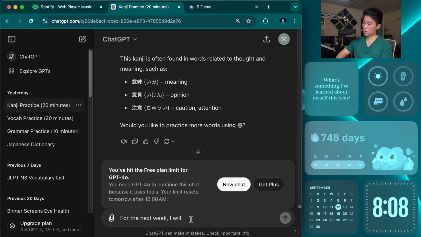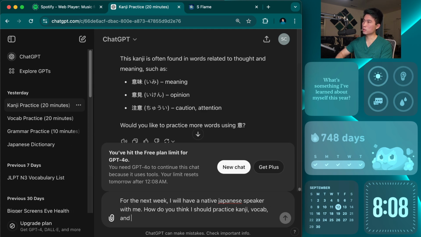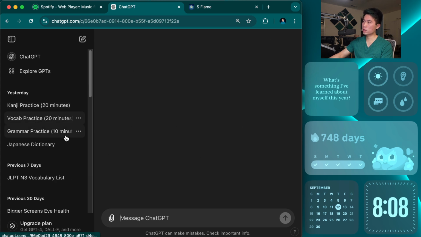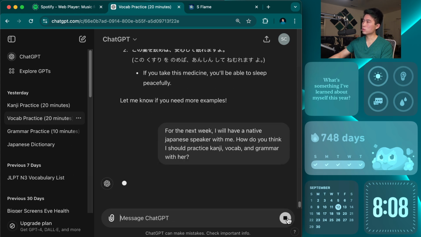Let's just say I will have a native Japanese speaker with me. How do you think I should practice kanji, vocab, and grammar with her? Okay, so this one really did hit the limit. I can't seem to. This one hasn't. So let's try here.